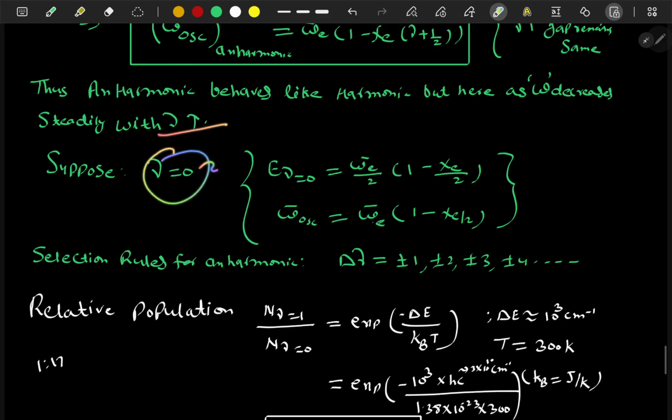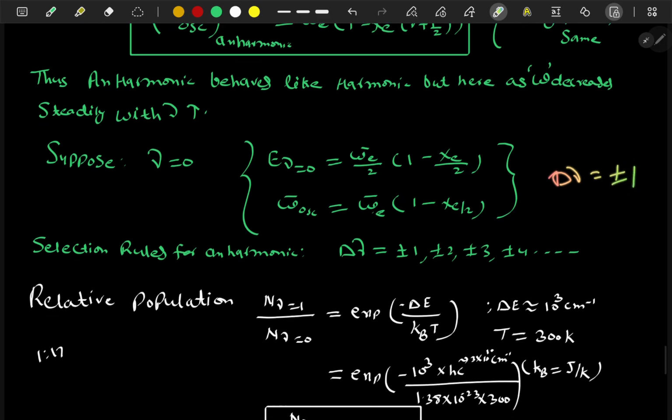Now suppose μ equals 0, then omega_e by 2 (1 minus x_e), and the oscillator frequency will be omega minus x_e by 2. Now for anharmonicity, plus minus 1, plus minus 2 transitions go on, and for harmonic only plus minus 1 was there.